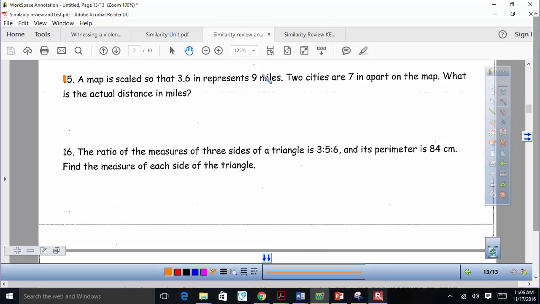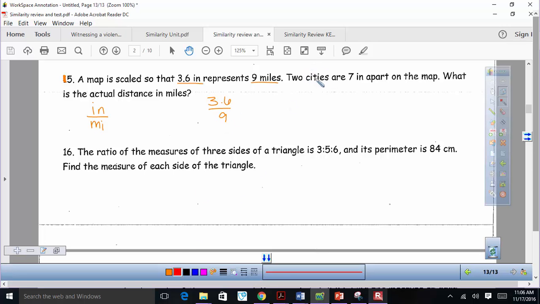So what two things are we comparing? Inches to miles. Very good. The first thing they tell me is 3.6 represents 9, so we put 3.6 over 9.